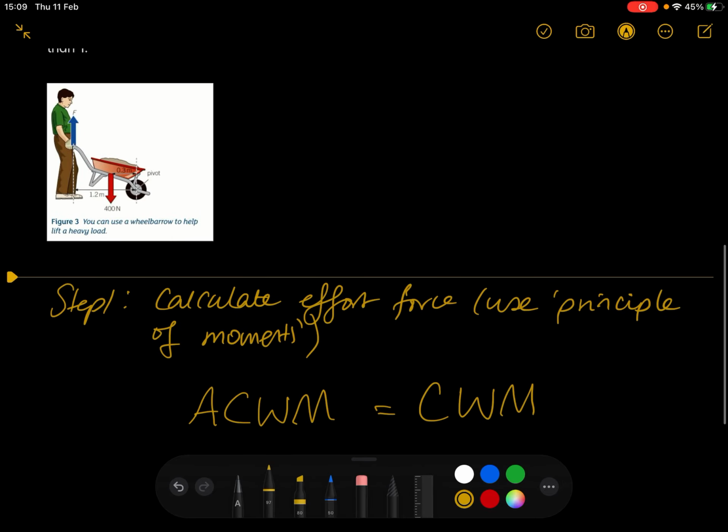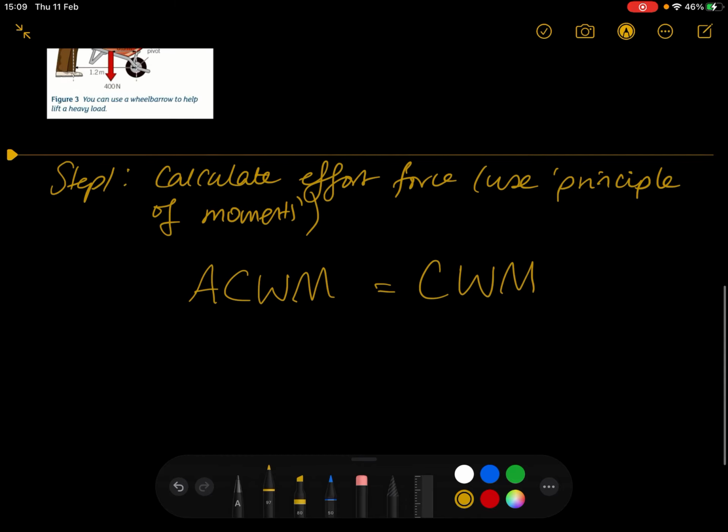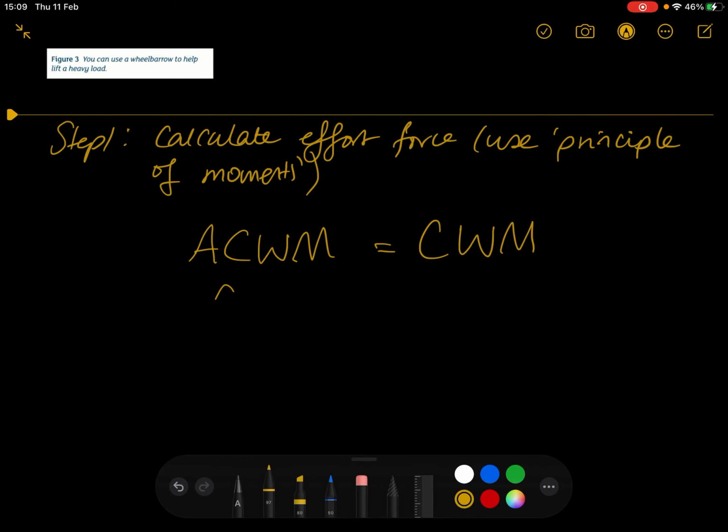So let's have a little look at this picture. The anti-clockwise moment is the one that's created by the load force. So the force there is 400 newtons and the distance is 0.3 meters. The clockwise moment on the right-hand side is force times distance again. We don't know the force, but we do know the distance is 1.2 meters. So force times distance equals force times distance.